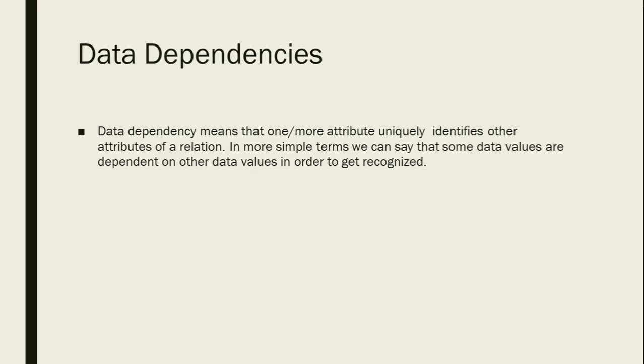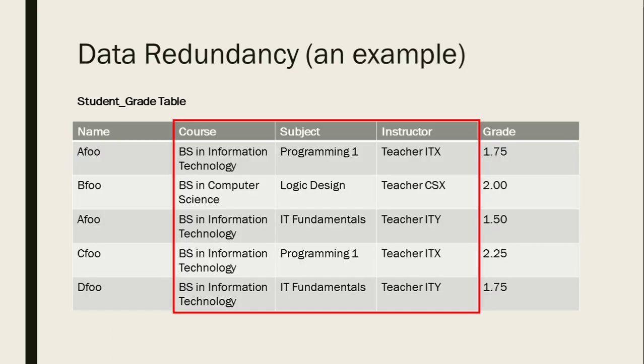Now, data dependency simply means that one or more attributes uniquely identify other attributes of a relation. In simpler terms, some data values are dependent on other data values in order to get recognized. We will talk about this later, but in this example, we have two AFU records here, record number 1 and record number 3.